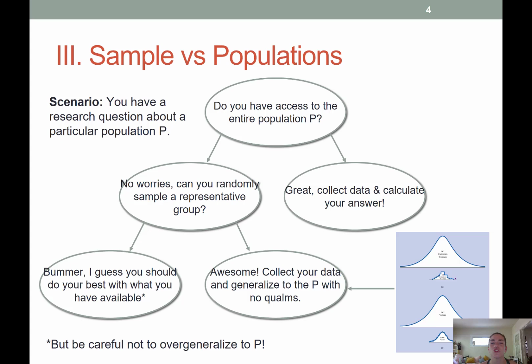If you can't truly randomly sample, then we just do our best with the information we have available. So, for example, if I'm interested in learning about college students in general, I don't have access to all college students in the world, right? So then I ask myself, well, can I truly randomly sample?